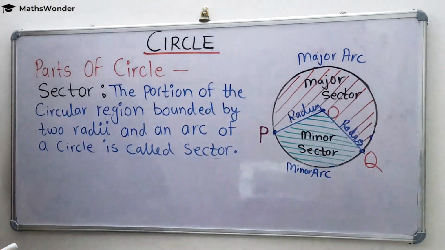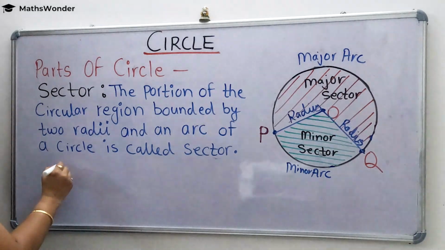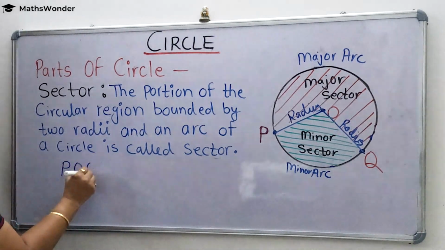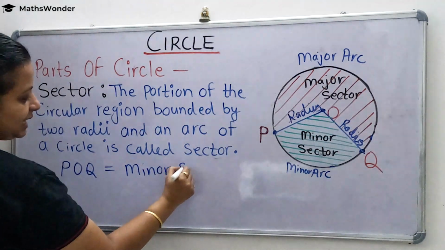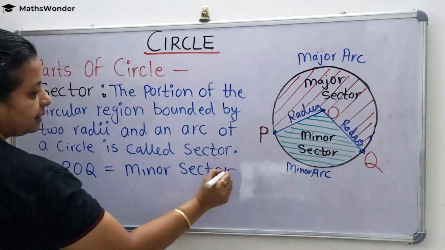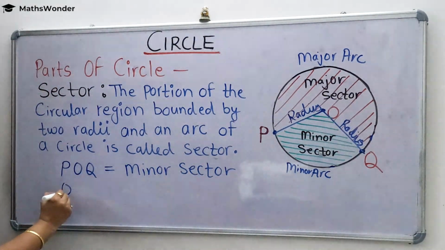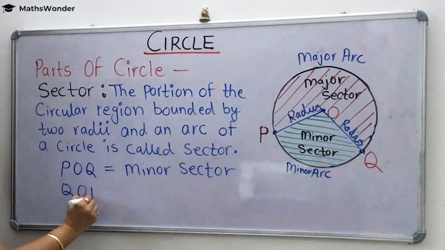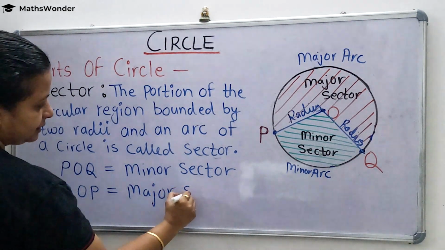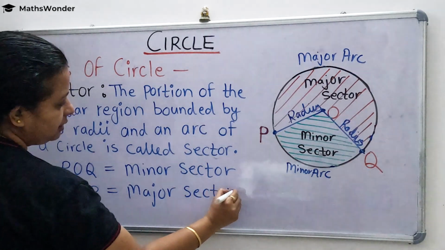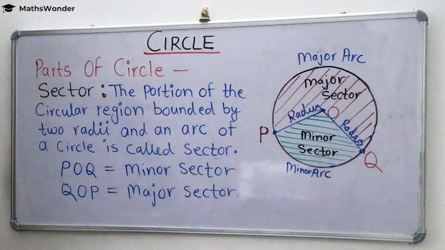You can write it this way: POQ is the minor sector, and QOP is the major sector because it's more than half, as you can see in the diagram.